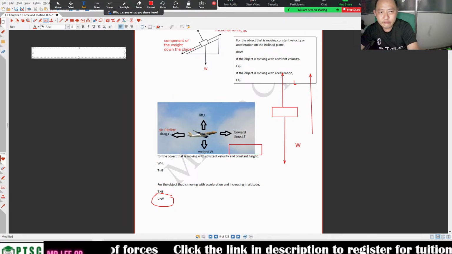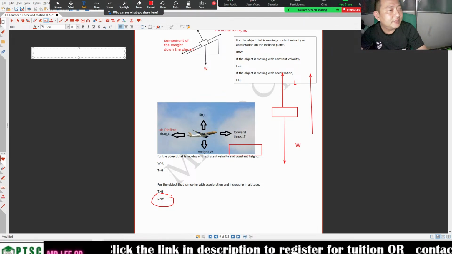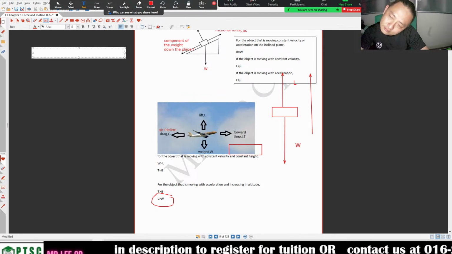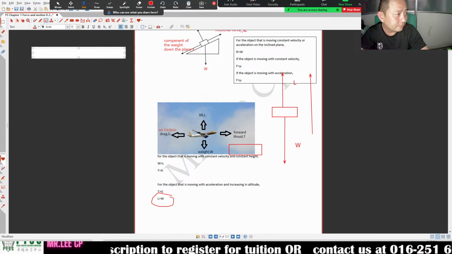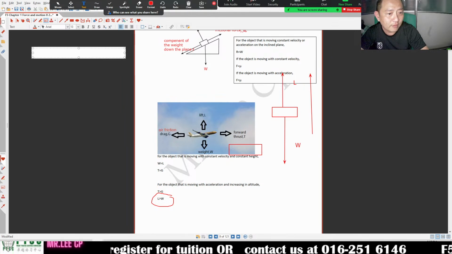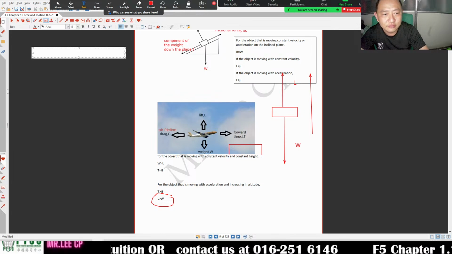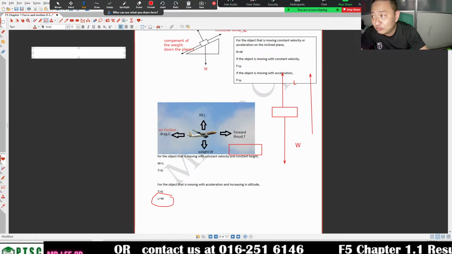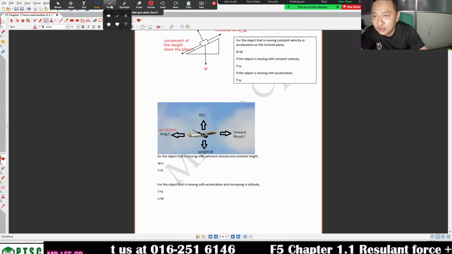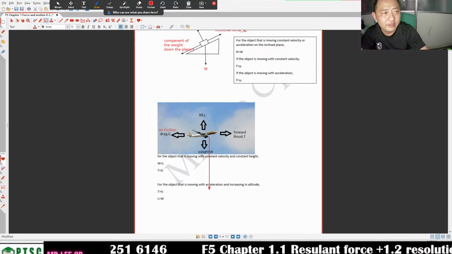Answer me. L is more than W if this aeroplane is moving downward. I mean, this aeroplane is going downward. So, what will it be? Answer.